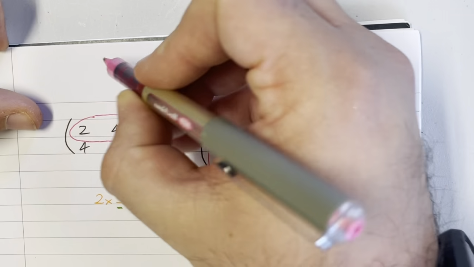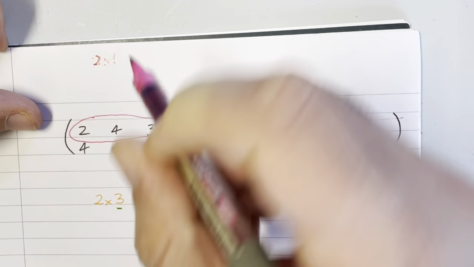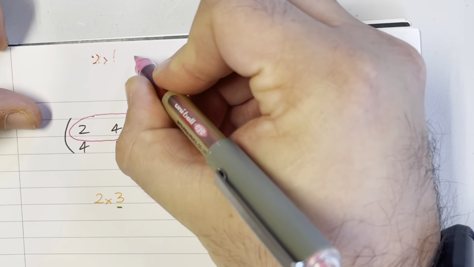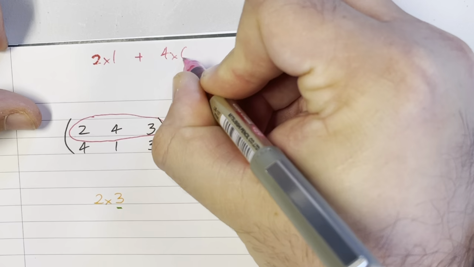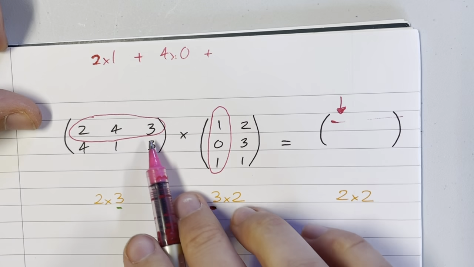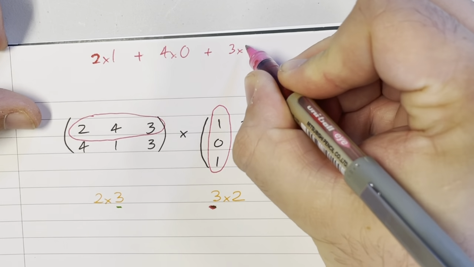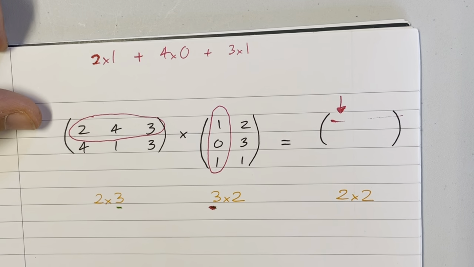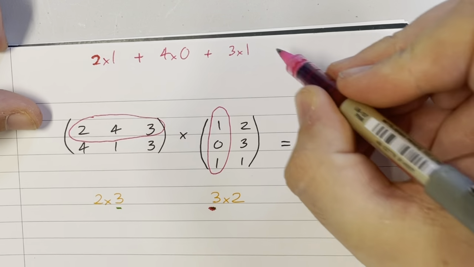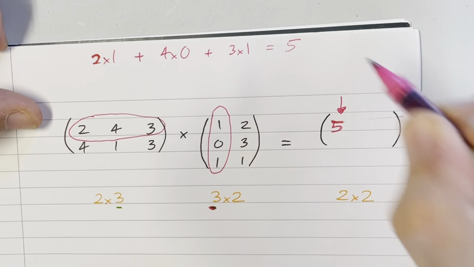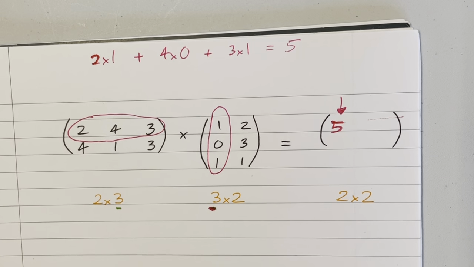So this element up here will become 2 times 1, plus 4 times 0, plus 3 times 1. And that answer is 5. So that number there is a 5. Okay, and that gives you that element.